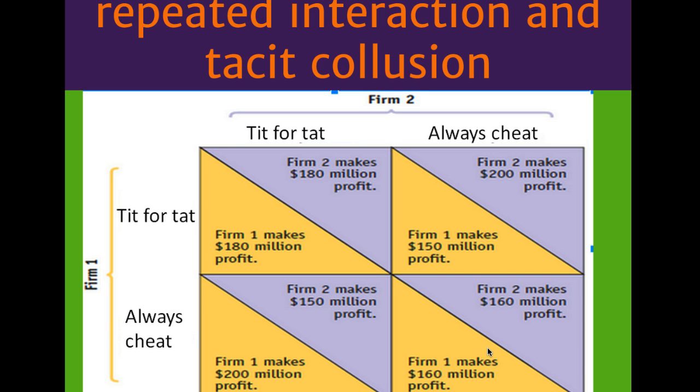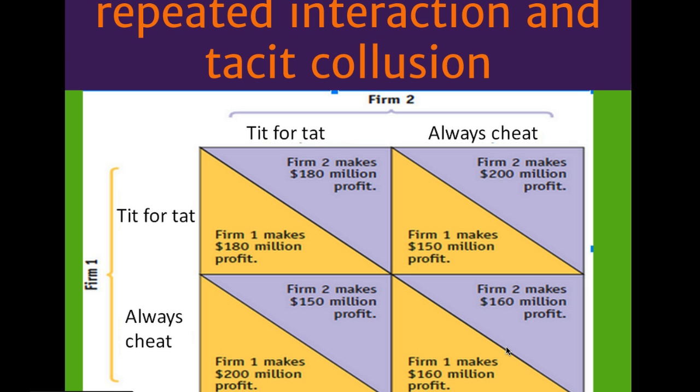If one firm plays tit for tat, but the other plays always cheat, one makes a profit of only 150 million in the first year, but 160 million per year thereafter. Fourth, if one firm plays always cheat and the other does the same, both firms will make a profit of $160 million each year.